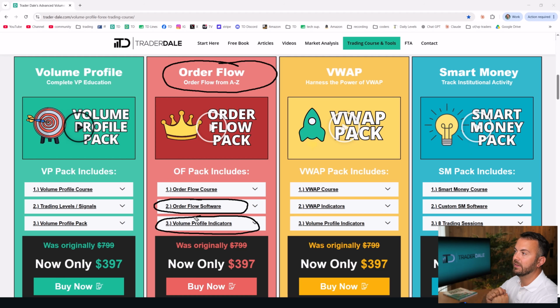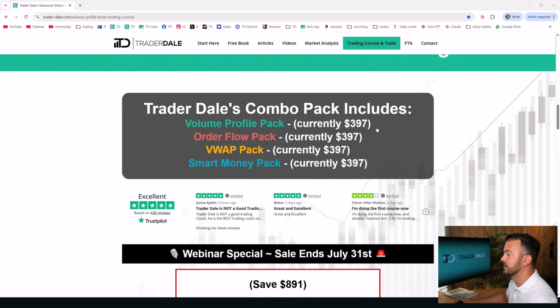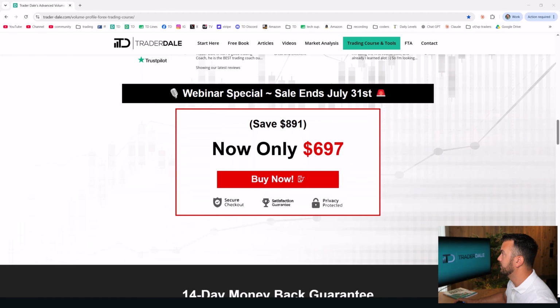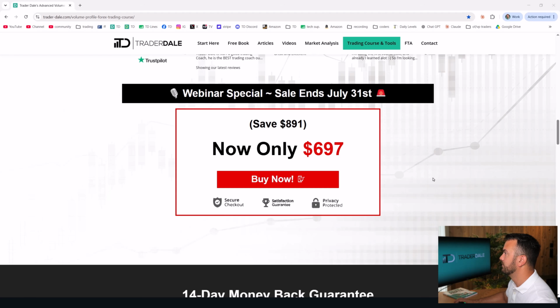So you only need the order flow pack if you want to use order flow and volume profile. But what I would recommend is scrolling down this page a bit, where there's the combo pack, where you can get all 4 packs together for $6.97 until the end of the month.